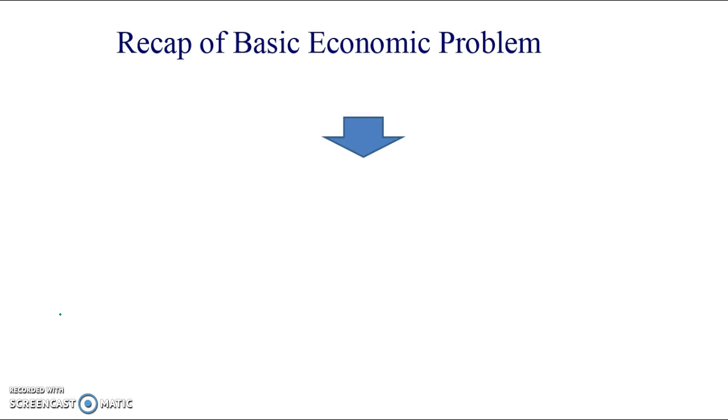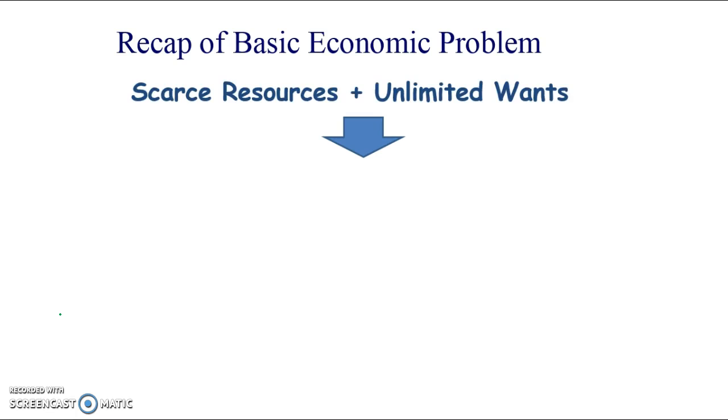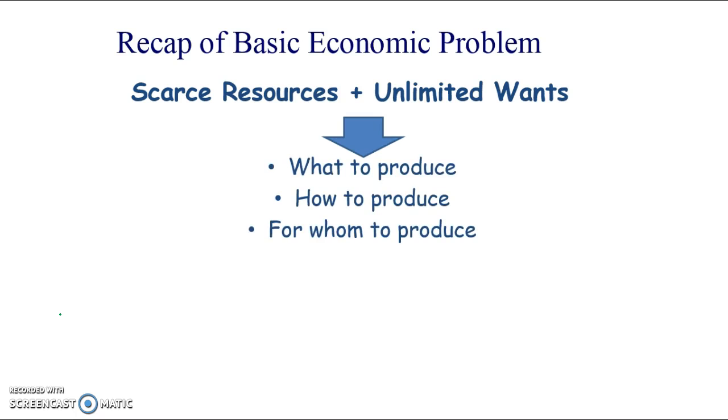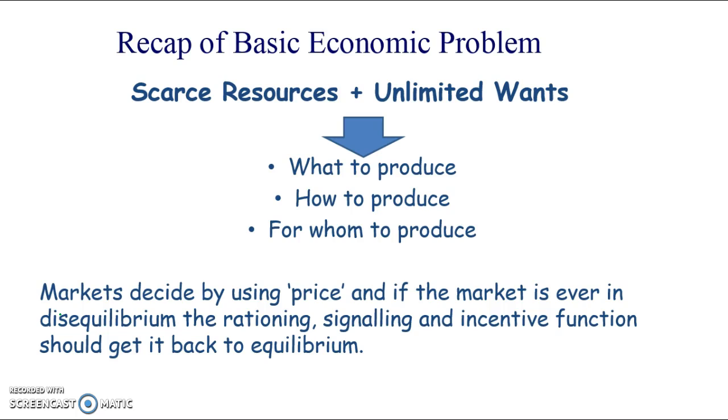So just linking this back to the basic economic problem, or sometimes called the fundamental economic problem, we have scarce resources, we have unlimited wants, we have to make choices: what to produce, how to produce, for whom to produce, okay? And demand and supply is going to solve that problem for us, because markets are going to decide using price.